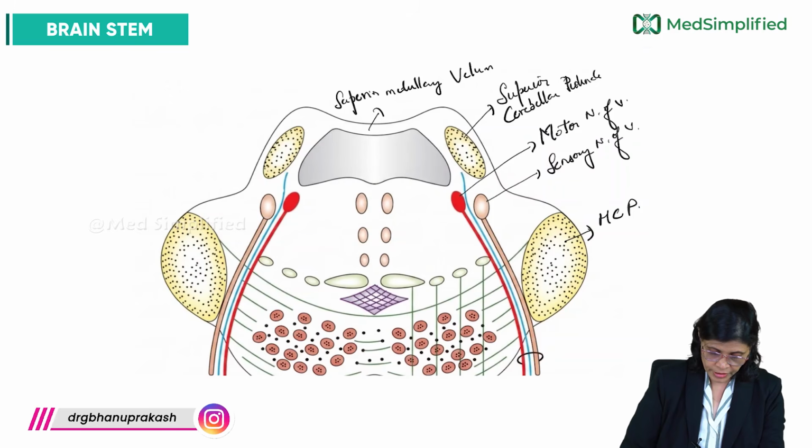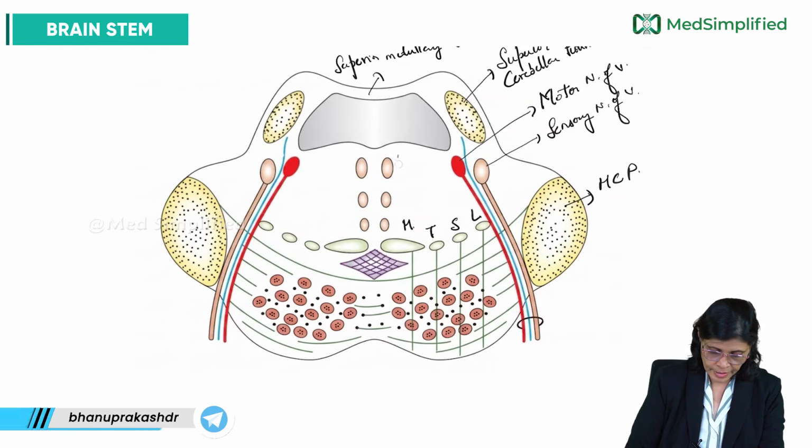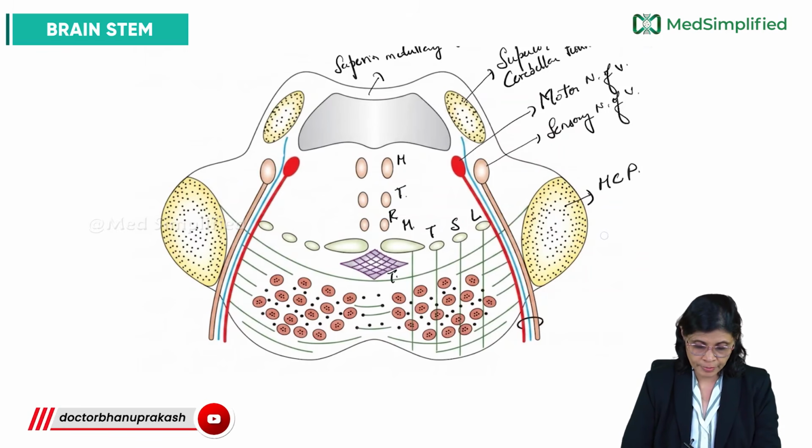I'll just write by the first letter: the medial lemniscus, the trigeminal lemniscus, the spinal lemniscus and the lateral lemniscus. And we see the MLB, that is medial longitudinal bundle, tectospinal and rubrospinal, and this is the trapezoid body. So these are the things which we see in the upper part.